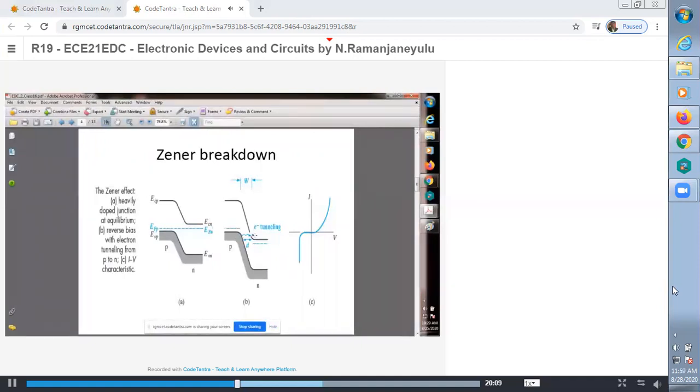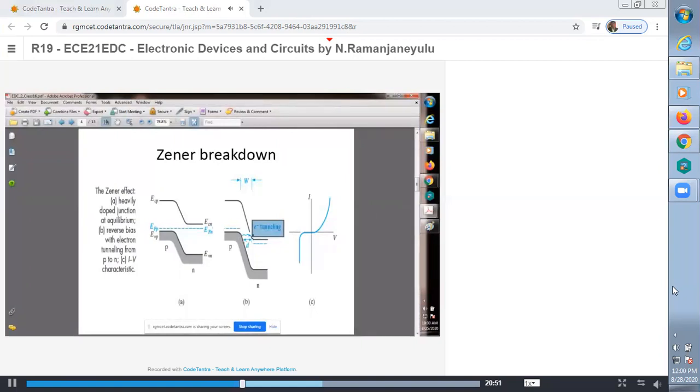It acquires sufficient energy. So this is called the tunneling mechanism, electron tunneling. Remember this: the space is very, very small, the depletion width is very, very small, so the electron directly moves from the P side valency band to the N side conduction band.